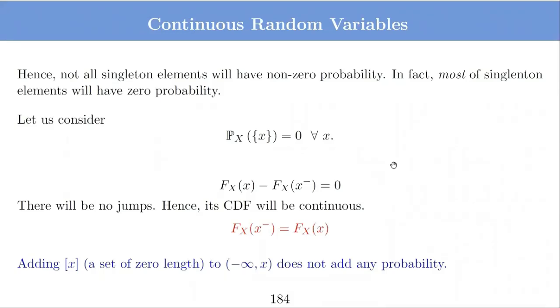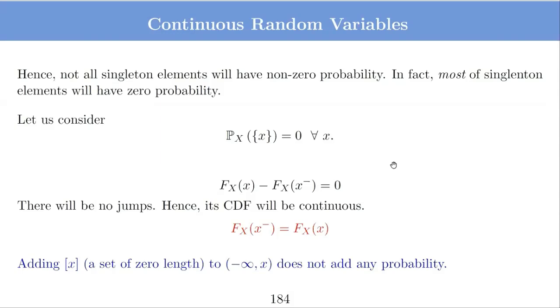So if you remove this countable number of singleton elements where you can assign non-zero probability, the rest are still a lot more than a countable number of elements. So we can say that most of the singleton elements will have zero probability. Okay, so let us first consider the case when all of the singleton elements have zero probability. The case where some have non-zero and some have zero probability we will consider later. That will correspond to the mixed kind of random variables.